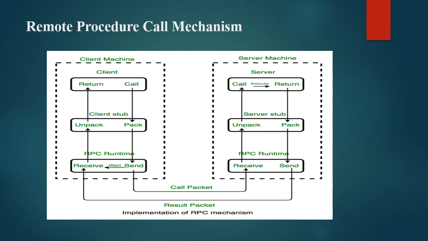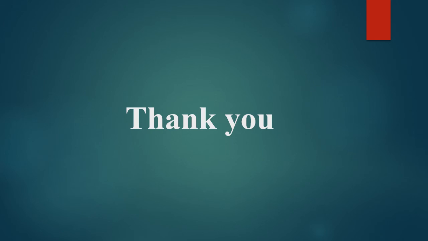The client stub unpacks this message and returns the unpacked message to the client, and the client fulfills this message. This is the simple process of the remote procedure call mechanism. Hope you all understand. Thank you.